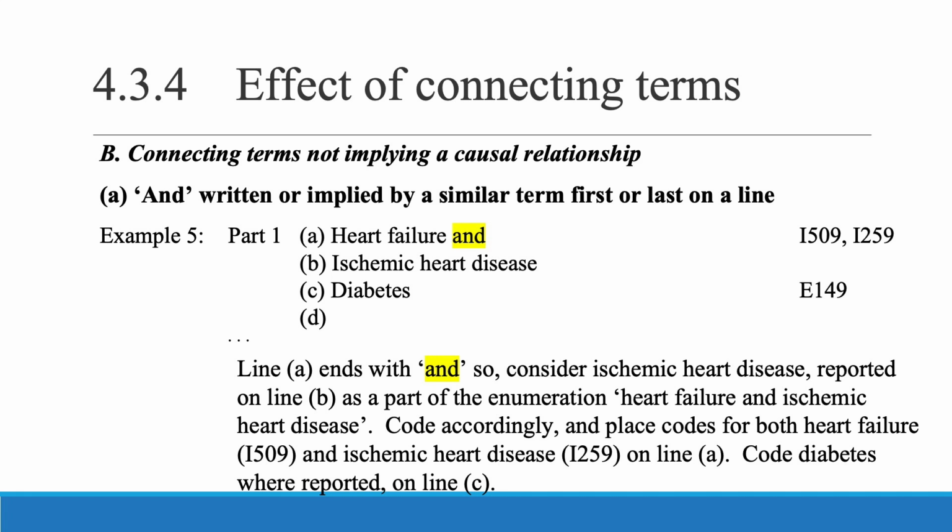Reading the explanation provided in volume 1 and reproduced here on the slide, line A ends with "and." So consider ischemic heart disease reported on line B as part of the enumeration or list, heart failure and ischemic heart disease. Code accordingly and place codes for both heart failure and ischemic heart disease on line A. Code diabetes where reported on line C.